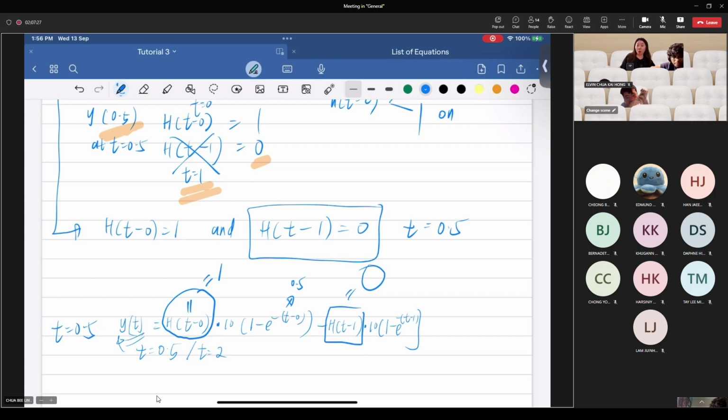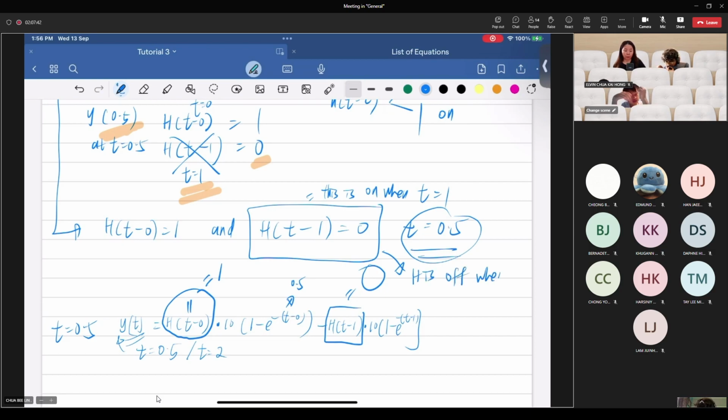This term is only on when t is 1. Now t is 0.5, so it is still off. This term will only be on when t is 1 minute, meaning that anything below 1 minute, the term is still closed. Closed means the answer is 0, so this whole thing will give you 0.